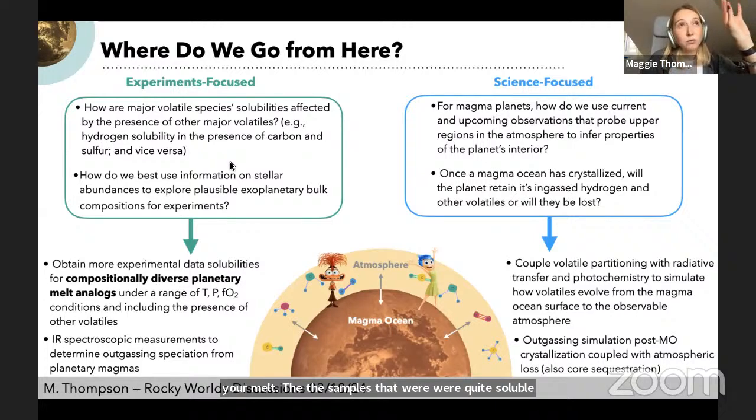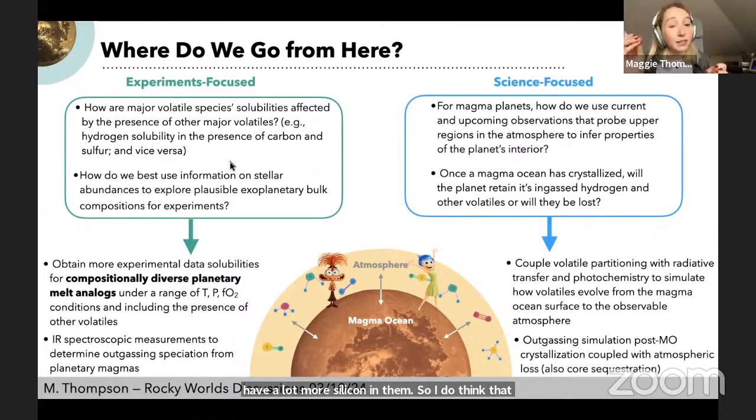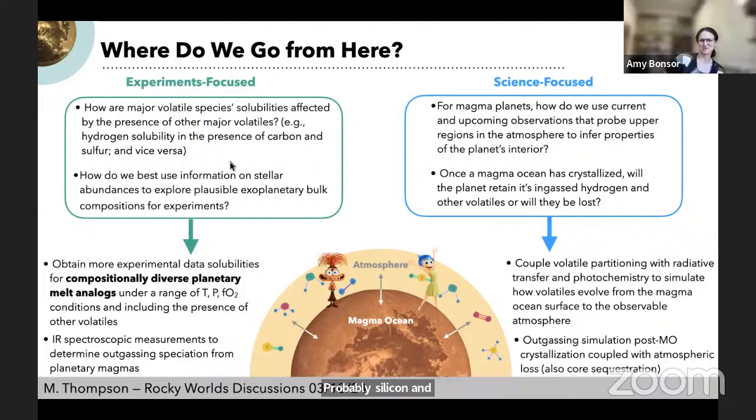They're the ones with additional quartz, so they have a lot more silicon in them. I do think that's part of the goal right now of this model, to tease out whether silicon and magnesium have the main influence. Does calcium also matter? My hunch is probably yes: probably silicon and magnesium, and maybe also calcium too. Okay, that'd be really interesting to see. Thank you. Yeah, of course.